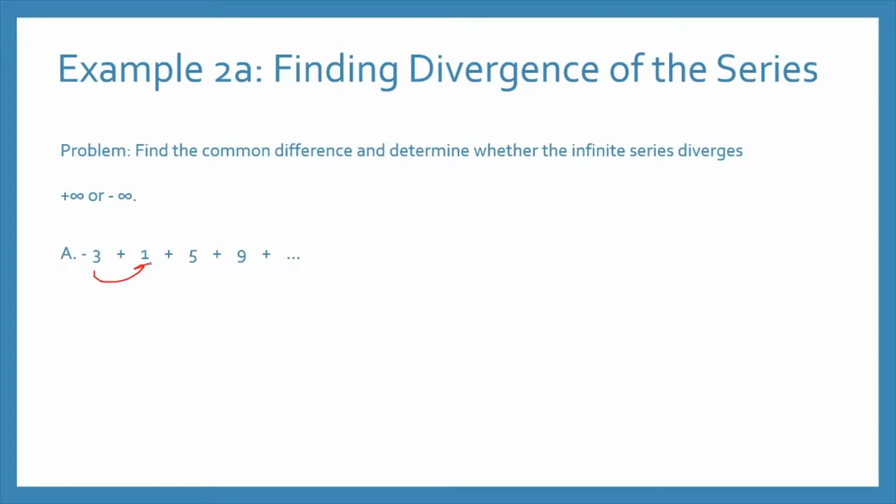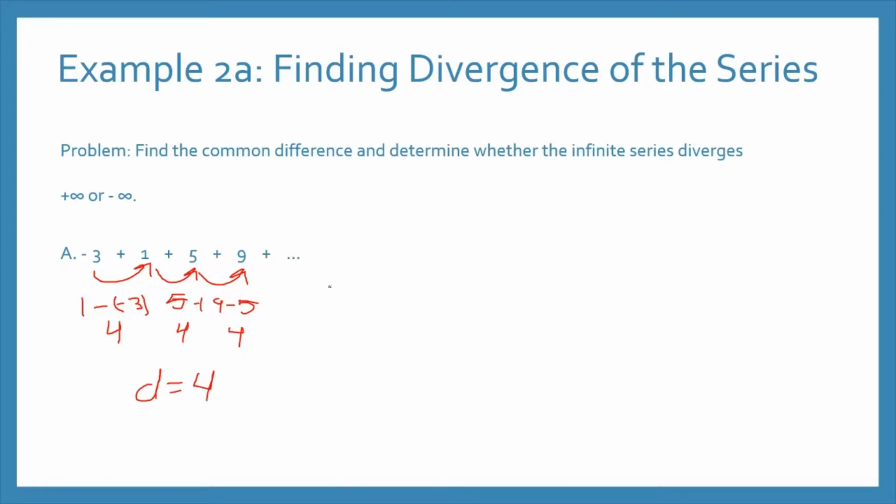So if we look at this right here, we would have 1 minus -3, which is equal to 4. And then we would have 5 minus 1, which is equal to 4. And then again, we would have 9 minus 5, which is equal to 4. So we found that we have a common difference of d is equal to 4.